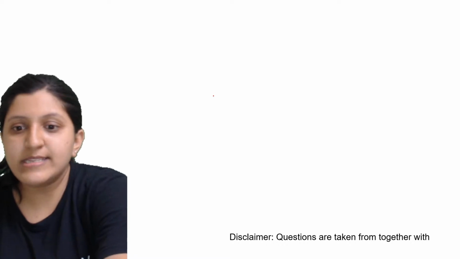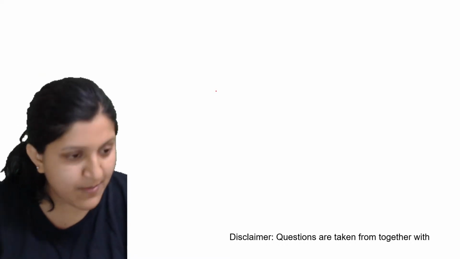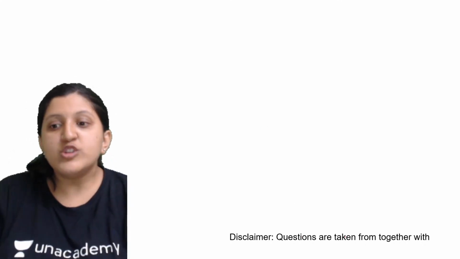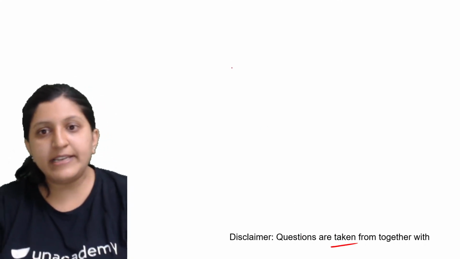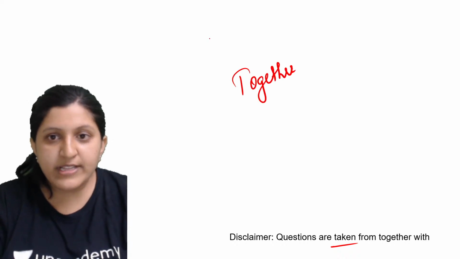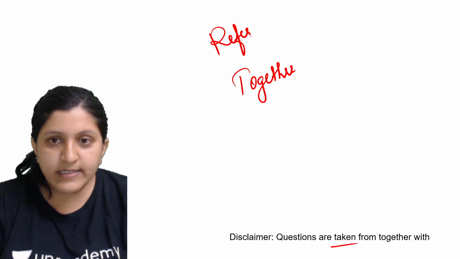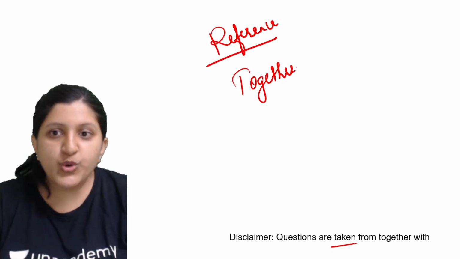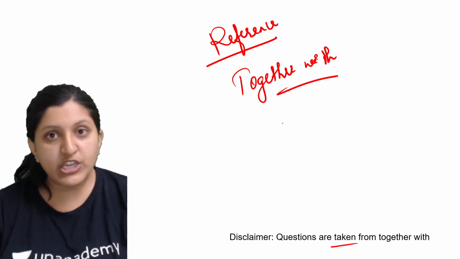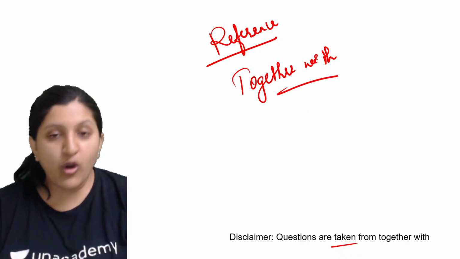So let's have a look at some questions that I have added here. All the questions that I have added here are taken from Together With. The reference book here is Together With. You can also follow Oswald publication or Goyal publication.